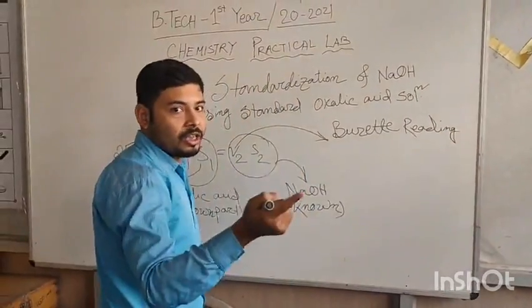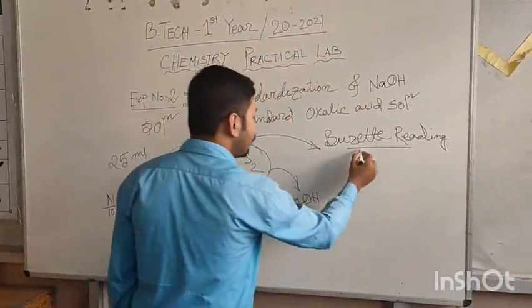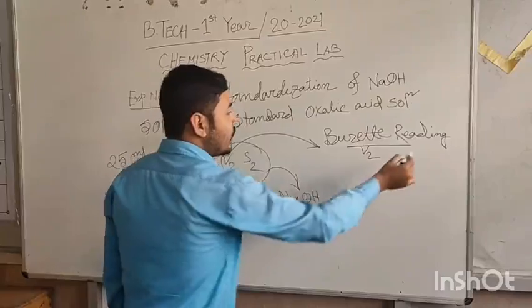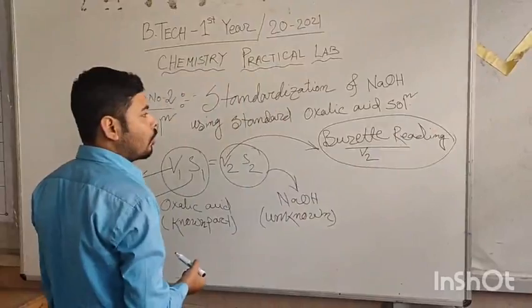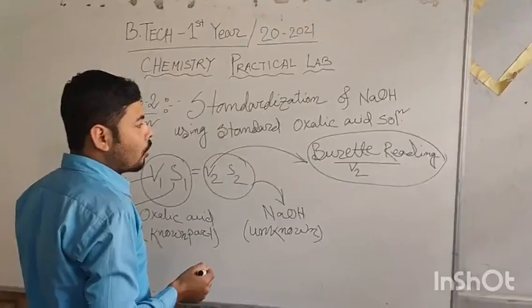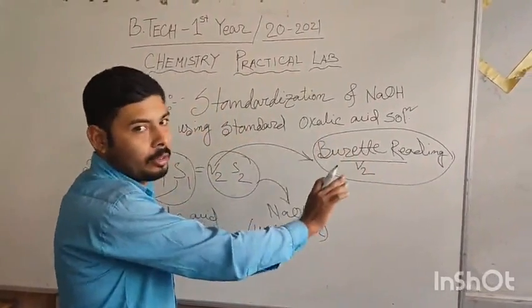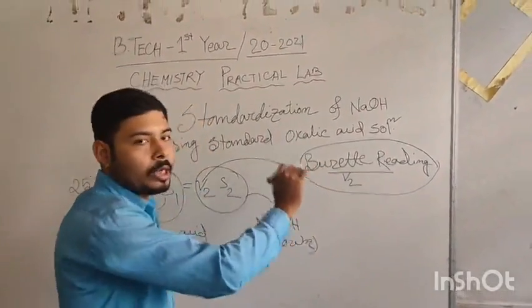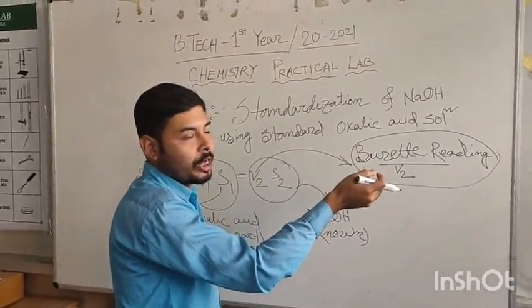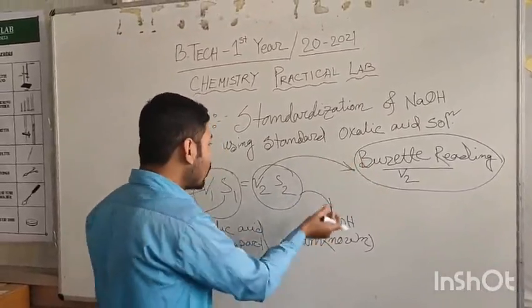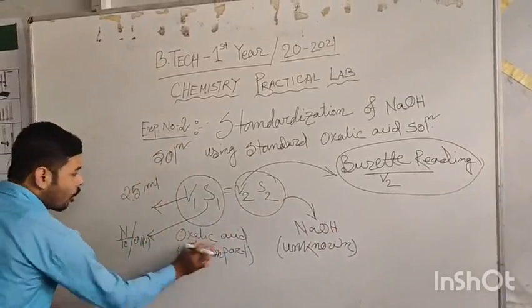You will get it after titration, whenever your experiment is completed. You will get the burette reading, which will be your V2. So you can also consider it known to you, because after finishing your titration you know the burette reading, or how much volume of NaOH is consumed to neutralize the 25 ml oxalic acid.